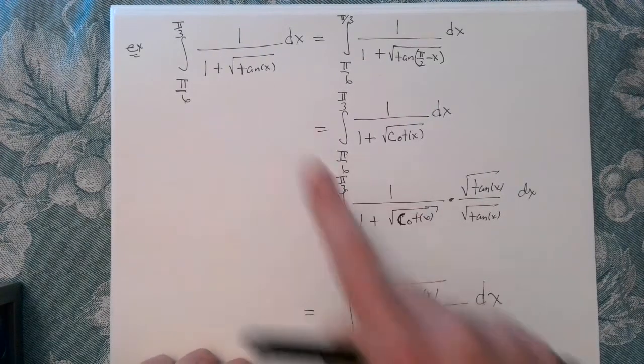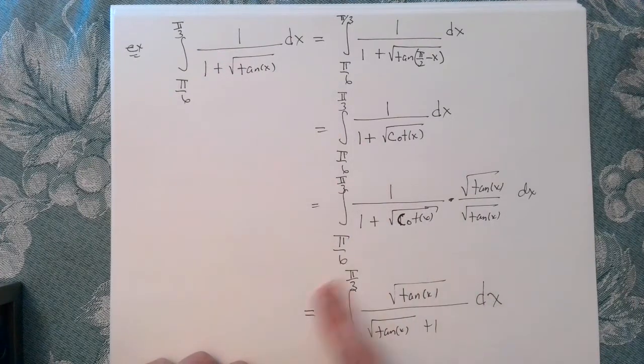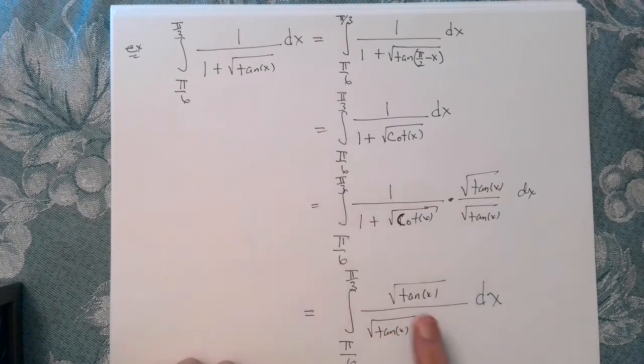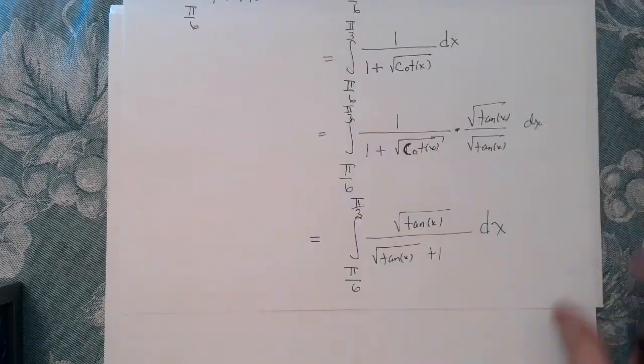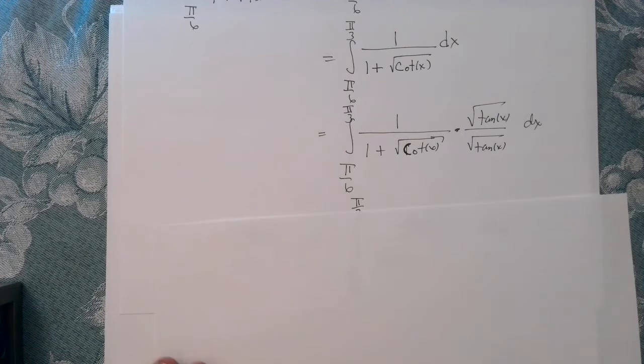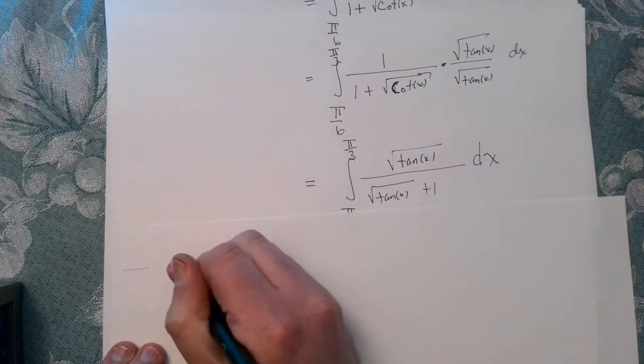So let's take note that whatever value this is and whatever value this is, they're the same value, right? These two quantities are actually equal. So here's where I'm going to get a little tricky.